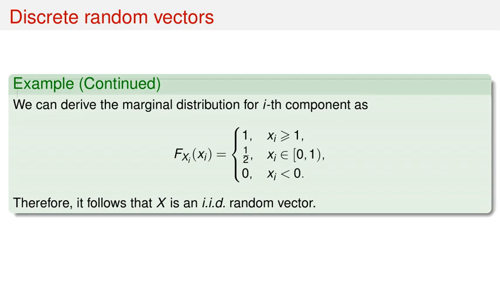This is the CDF of a Bernoulli 1/2 random variable. Therefore, it follows that X is an IID random vector, that is, it has independent and identically distributed components.